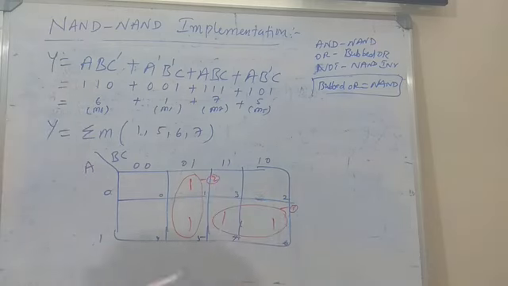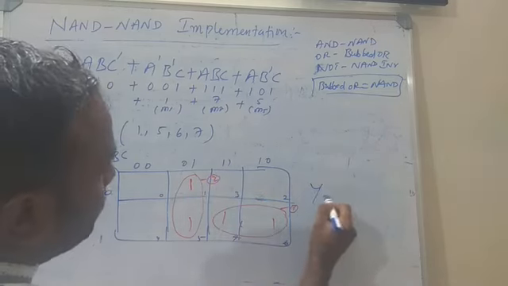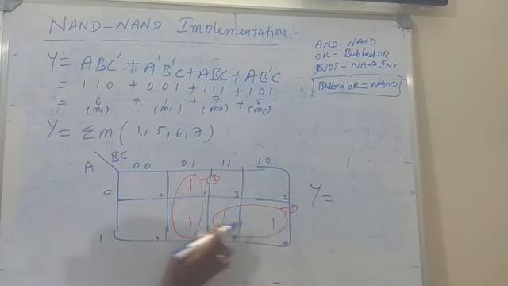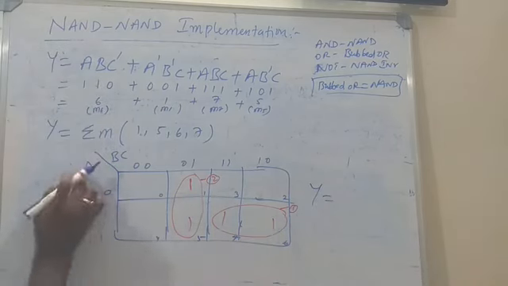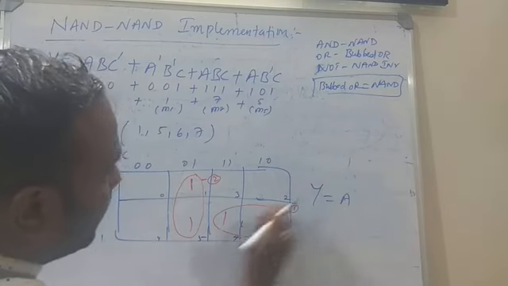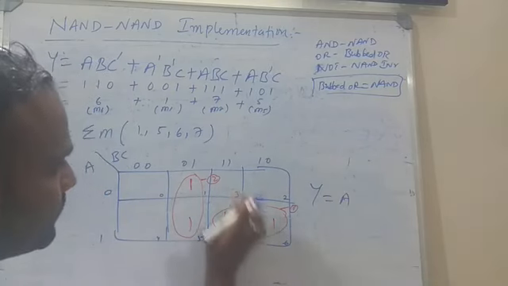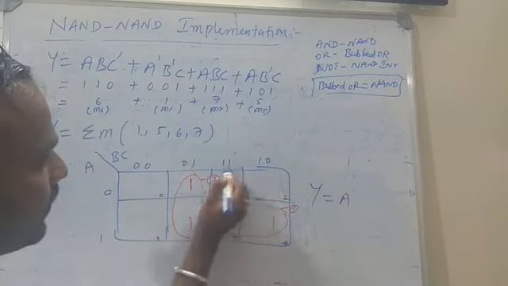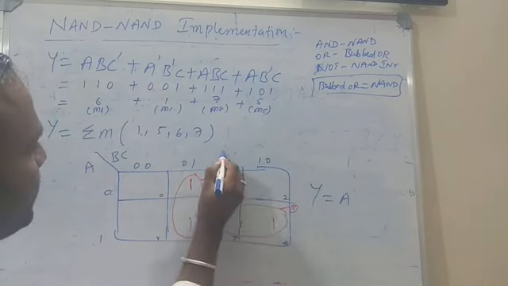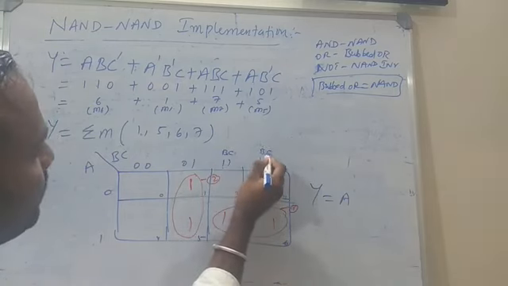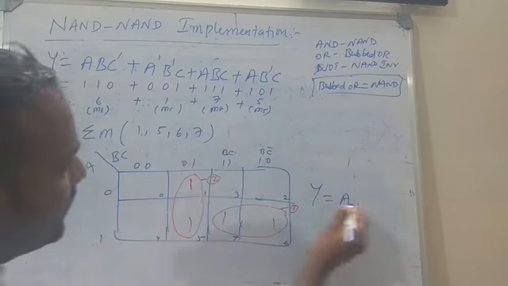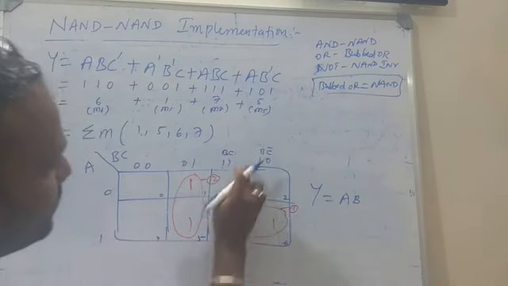Now the logical equation: Y is equal to, considering group 1, check row wise. Row wise it is 1, which indicates A. Column wise, these are 2 columns, B C and B C bar, so B is the common term.